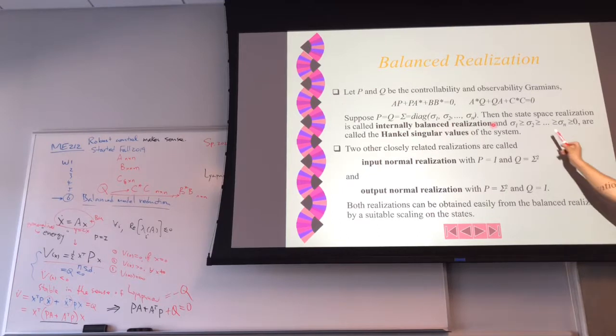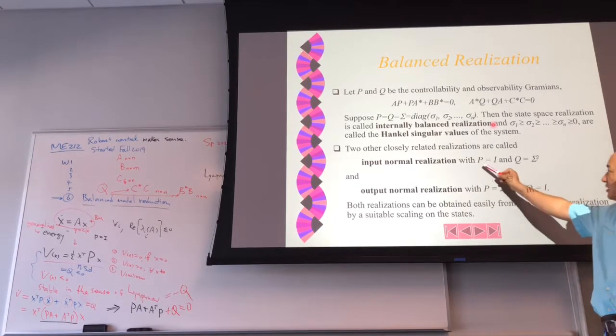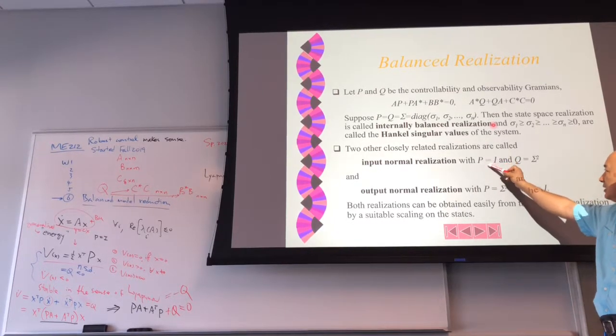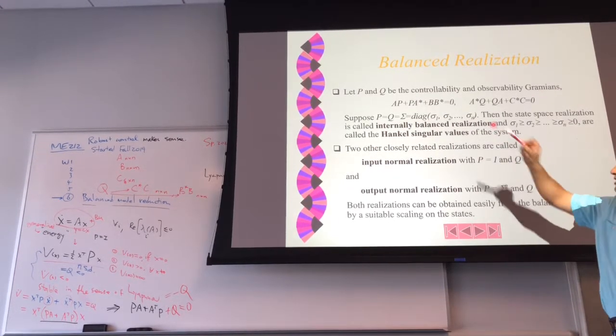And this realization is unique. You only have one such realization. It's called minimum balanced realization. Of course, balanced realizations are minimum realizations. Okay? So there are two extreme cases. One is you set the controllability Gramian as I, then Q will actually be sigma squared.